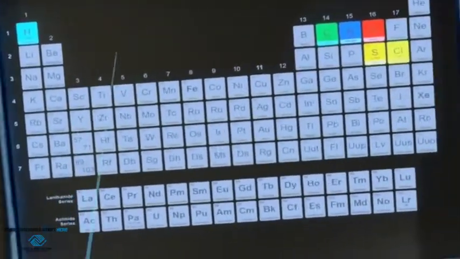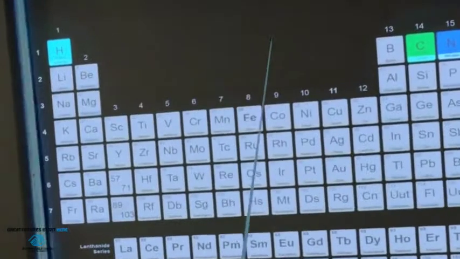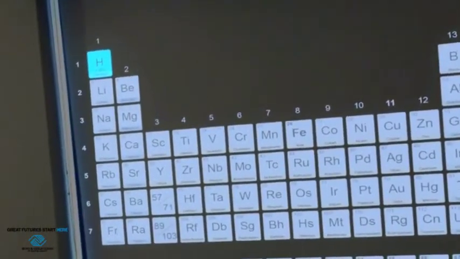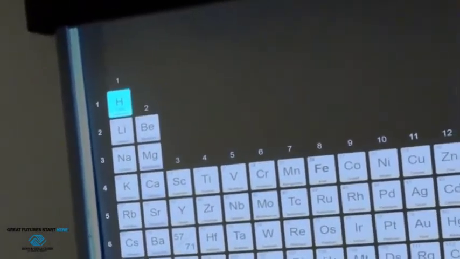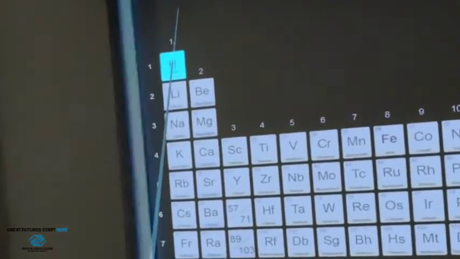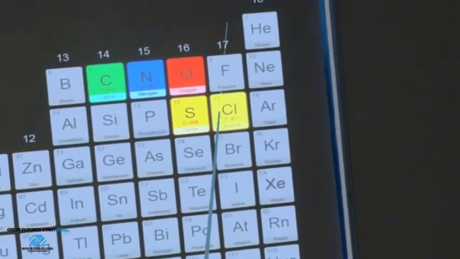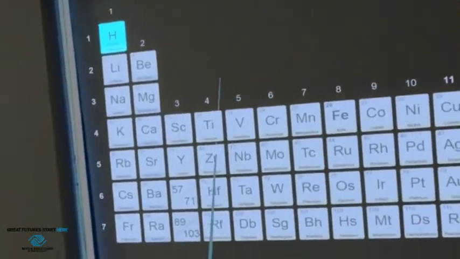So what we normally do is we take a look at all of these atoms or periodic elements on a table like this, which is flat. It's got their numbers, it's got their names, hydrogen over here, carbon, nitrogen, oxygen, sulfur, chlorine, and many others all around it.